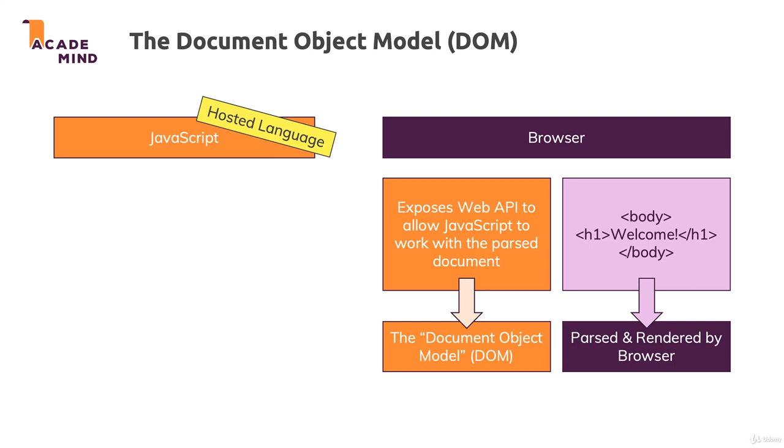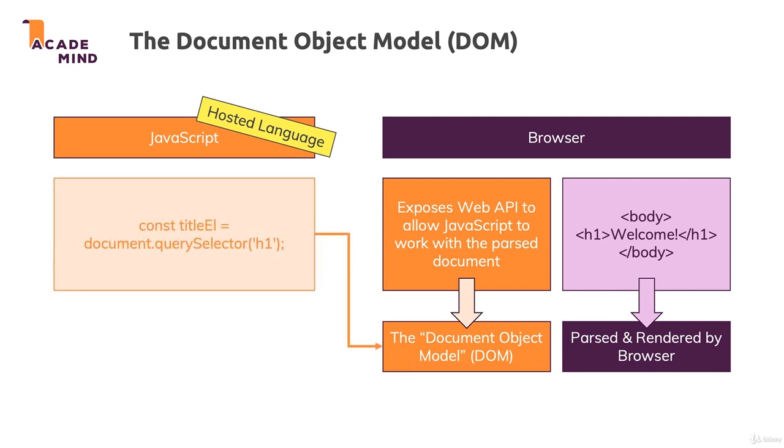So JavaScript can work with a bunch of objects which will be exposed to us as JavaScript objects, which in the end represent what the browser rendered or what the browser made of that HTML code which was provided. And in JavaScript, we got certain methods, certain functionalities, like here, this document query selector code, that allows us to reach out to that loaded HTML code.